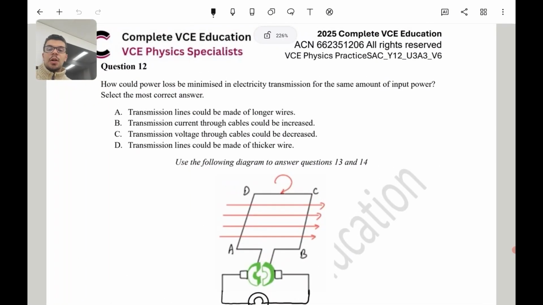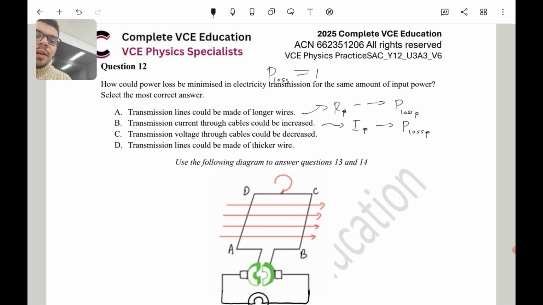All right, question 12. How could the power loss be minimized in electricity transmission for the same amount of input power? Select the most correct answer. Okay, A, transmission lines could be made of longer wires. That will increase the resistance, right? Which will increase the power loss. So that wouldn't work. B, transmission current through the cable could be increased. Not quite, because we know that our power loss is actually given by I squared R. So the greater the current, the greater the power loss across the lines.